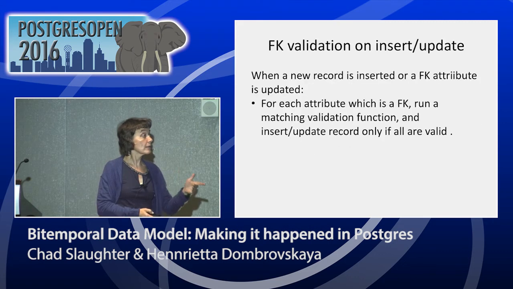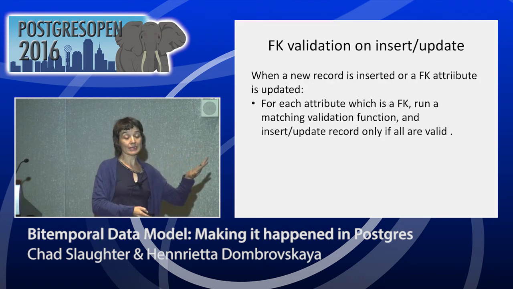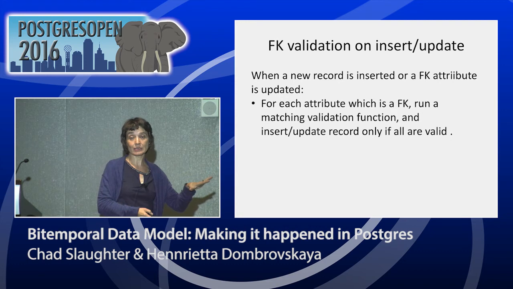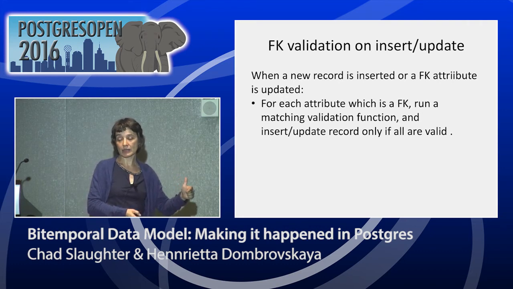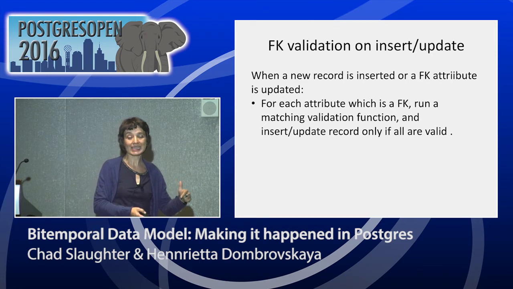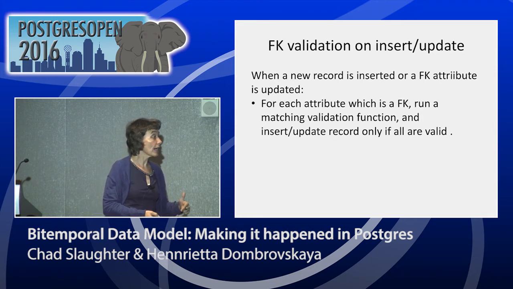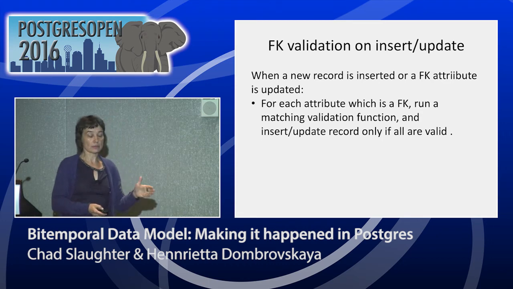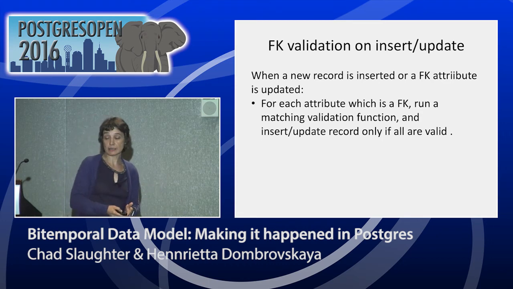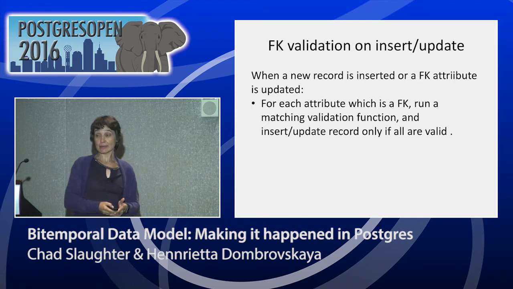So now, after all this setup and the foreign constraint is created, each time a new record is inserted or this field is updated, we run this validation function and we check whether the new value is consistent, so whether the referential integrity is preserved. And it's only inserted when it works for all of the foreign keys if there are multiples. Any questions on the foreign key?